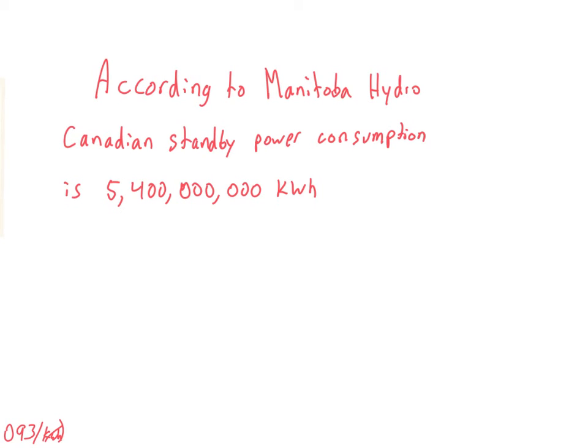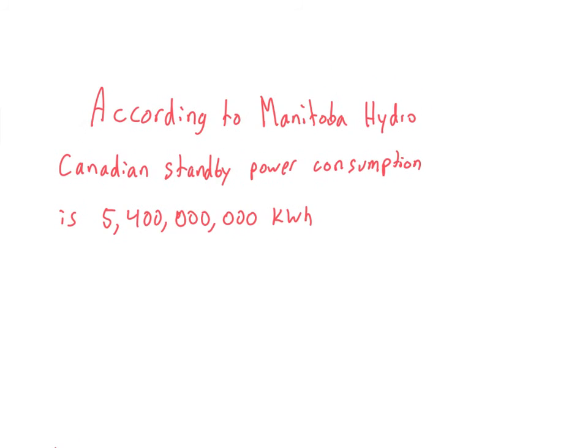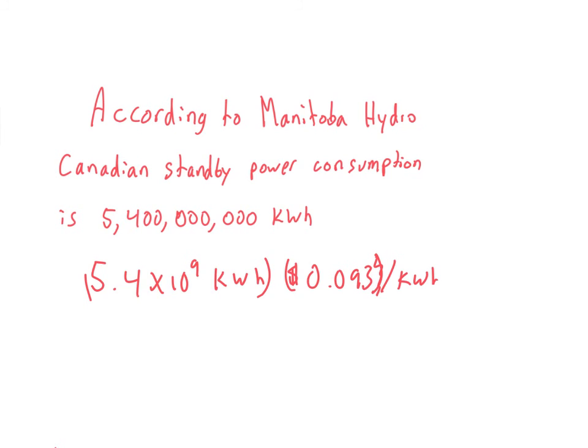What if it was 9.3 cents per kilowatt hour? So this would obviously be 5.4 times 10 to the 9 kilowatt hours, and what if we multiplied that by $0.093? That should obviously be per kilowatt hour.